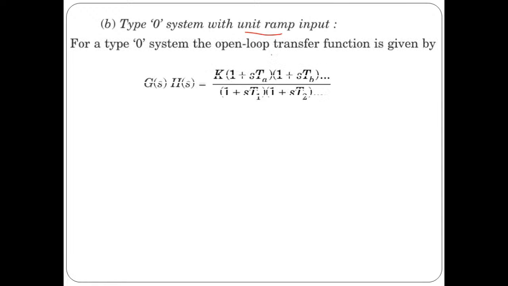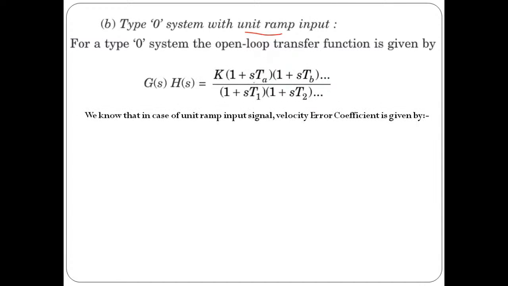In the same way, for type 0, again, if you change the input from step to ramp, let us try to find out the value of Kv, because in case of ramp we have velocity error coefficient. It is going to be like limit s tends to 0 of s into G of s into H of s.